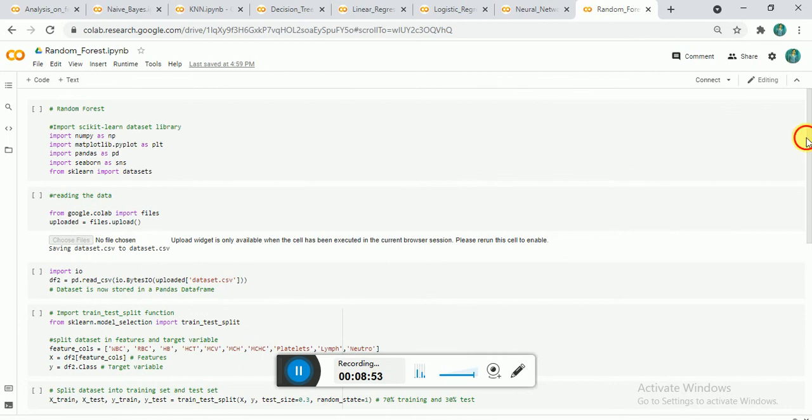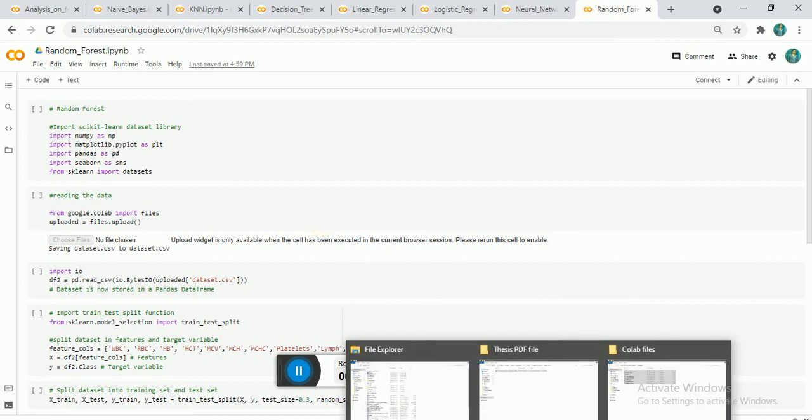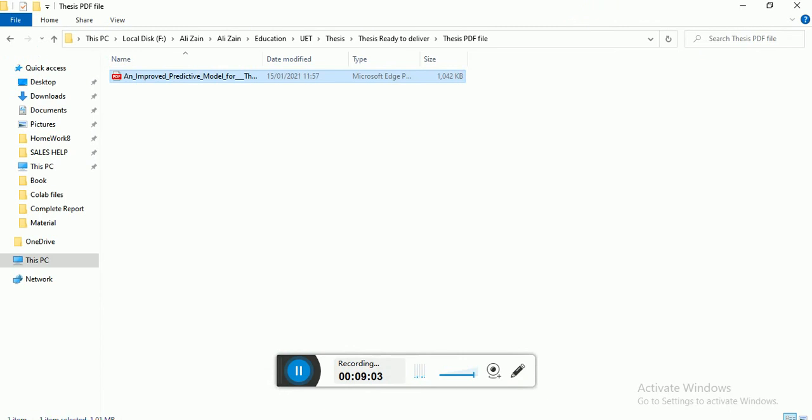So all these algorithms and models are built in Python and Google Colab, and you can see my thesis file.